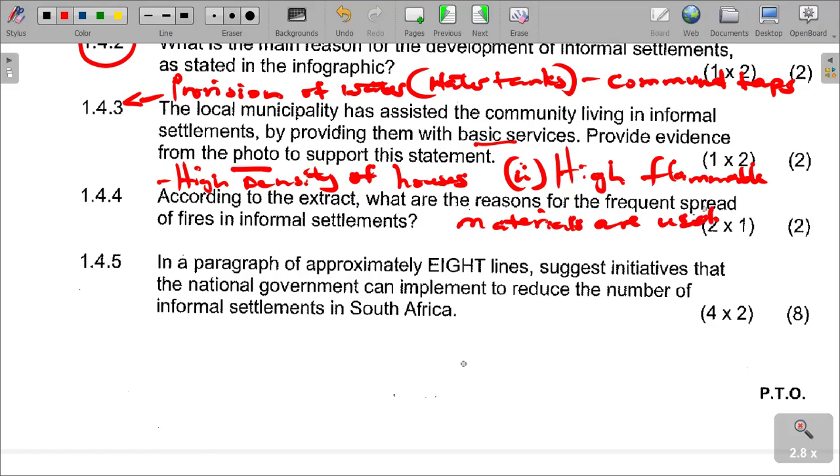They are the ones which are causing it. Highly flammable materials are used, which actually worsen the spreading of fire. So class, that's what is happening in this regard.